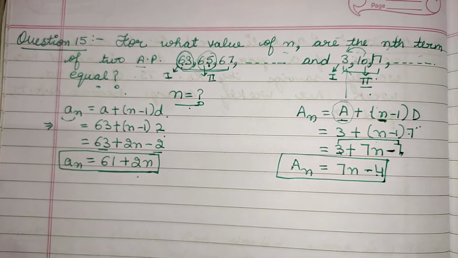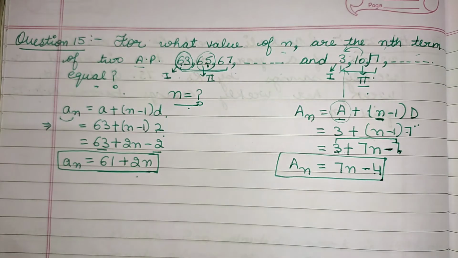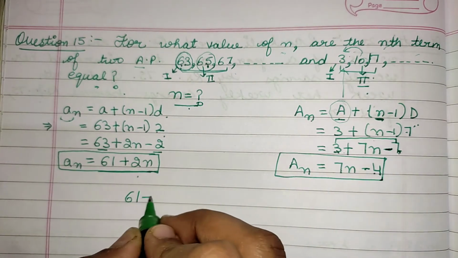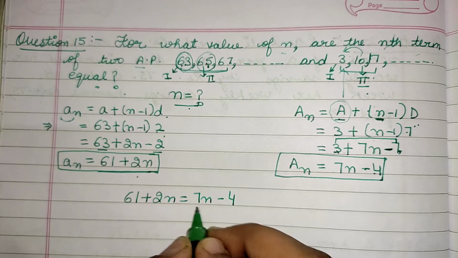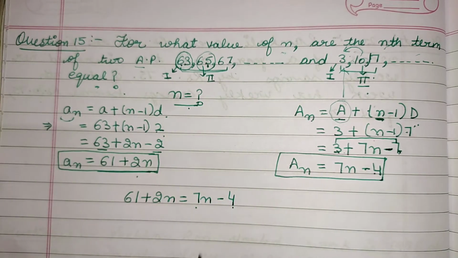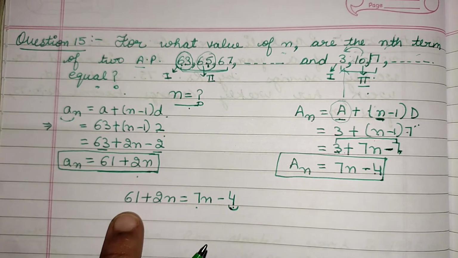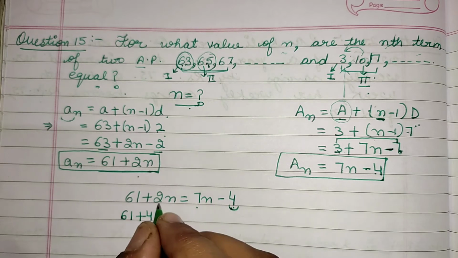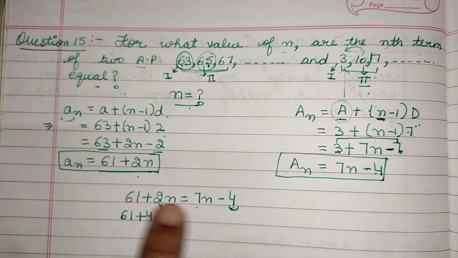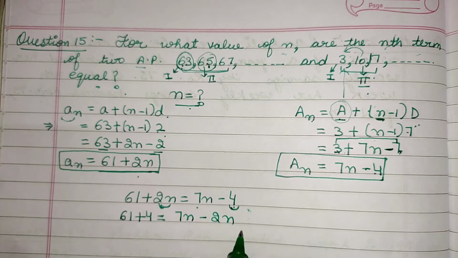As per the statement which says that the nth terms of both the APs are equal, I can say that 61 plus 2n is equal to 7n minus 4. Now solve this equation. This 4 is negative on this side; when it comes to the left hand side, it becomes positive. This 2n is positive; when it goes to the right hand side, it becomes negative.